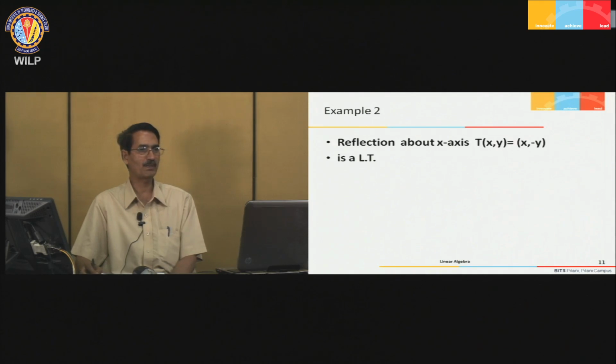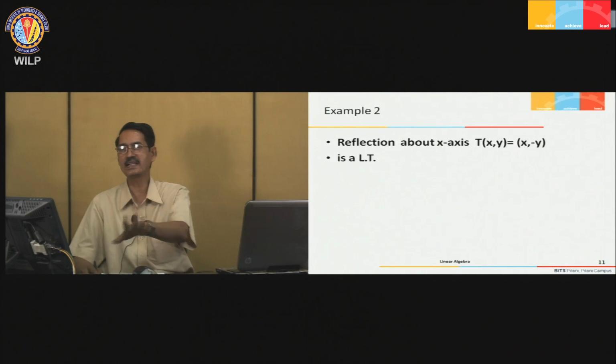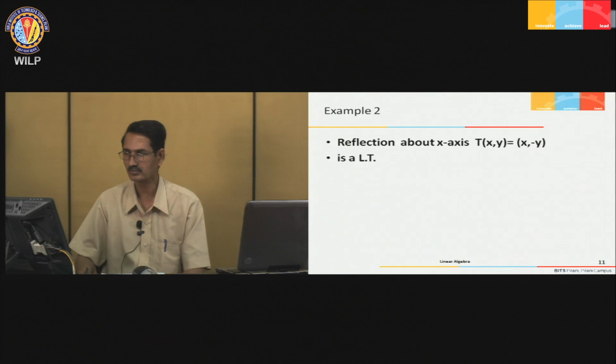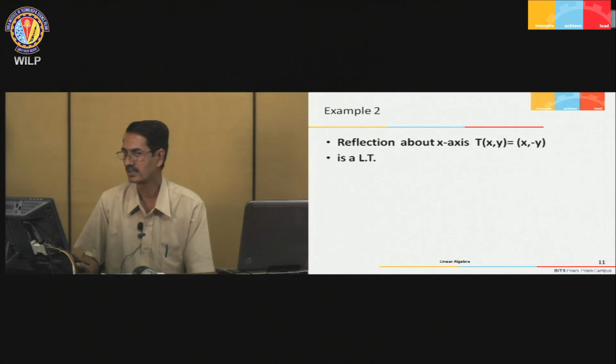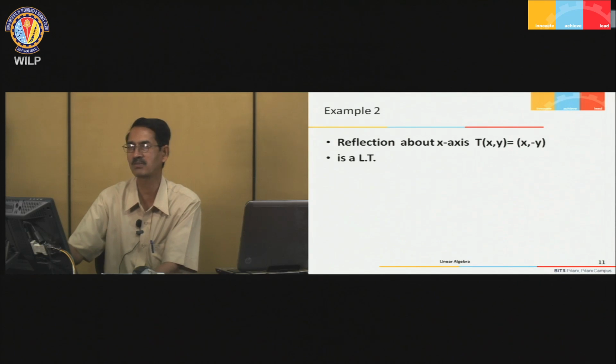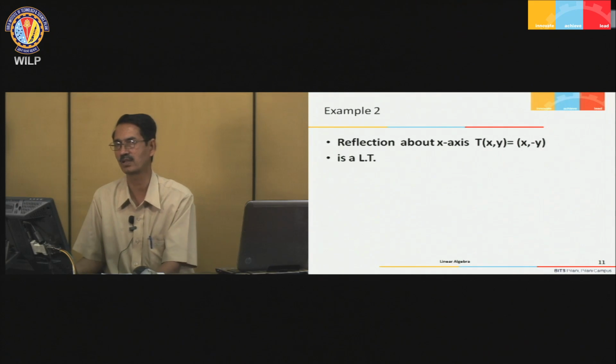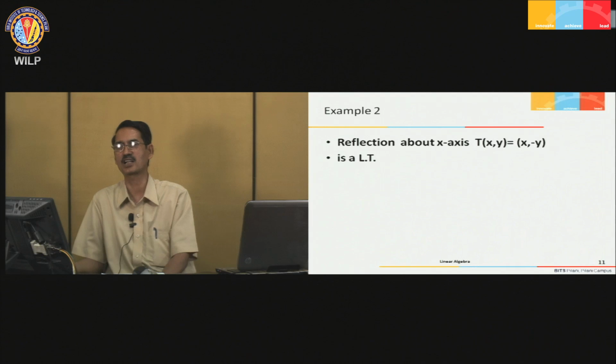See one more example: reflection about the x-axis. You can check that T of (x, y) is equal to (x, minus y). Again, it is a linear transformation. Just take that u1 is (x1, y1) and u2 is (x2, y2). See what u1 plus u2 is. Then see what T of u1 plus u2 is. You will see that it is T of u1 plus T of u2, and T of alpha u1 is alpha times T of u1, which implies that T is a linear transformation.